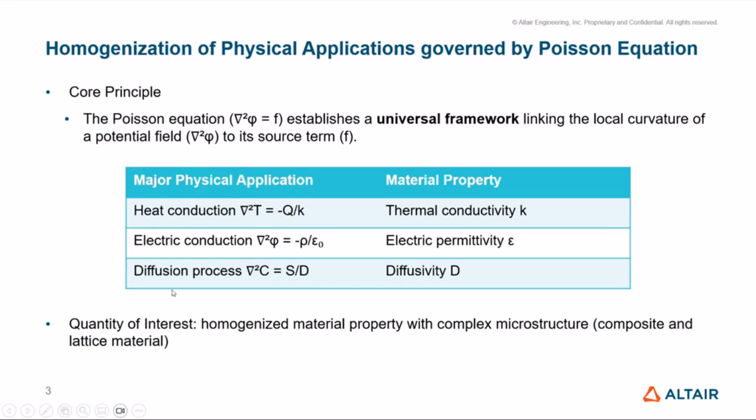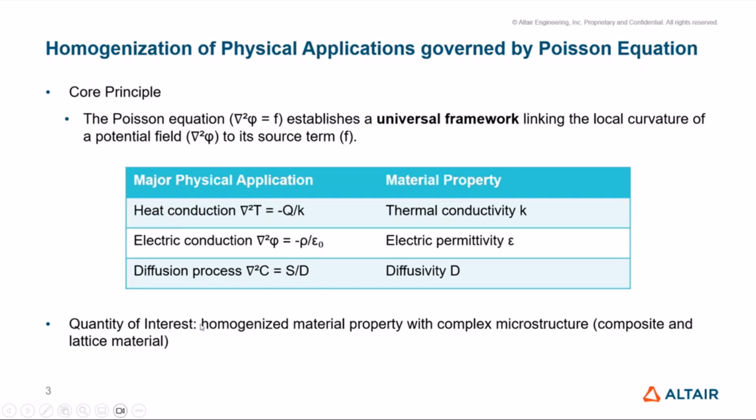Major applications we see right now are heat conduction with thermal conductivity, electric conduction with electric permittivity, and diffusion processes with diffusivity. The nice thing about that framework is, however we call the input data, the physics and the math framework is the same. So even if it's called thermal conductivity, if you put in the electric permittivity, you will get the proper electric permittivity of a unit cell.